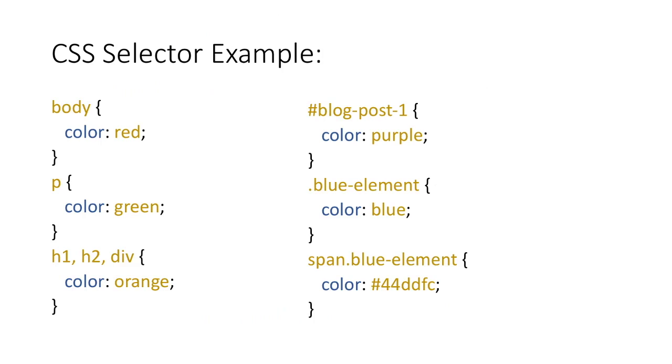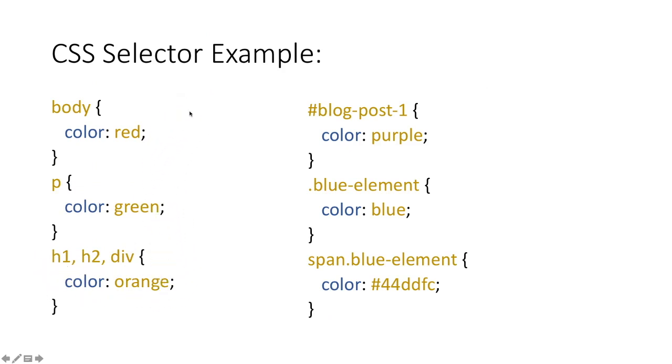So on the left here, you can see all of these are essentially element selectors. You have the body, and this is another thing to point out, which I think in the next slide I go over. Notice how I have body set to the color red, and then the P tag set to green, and then H1, H2, div set to orange.